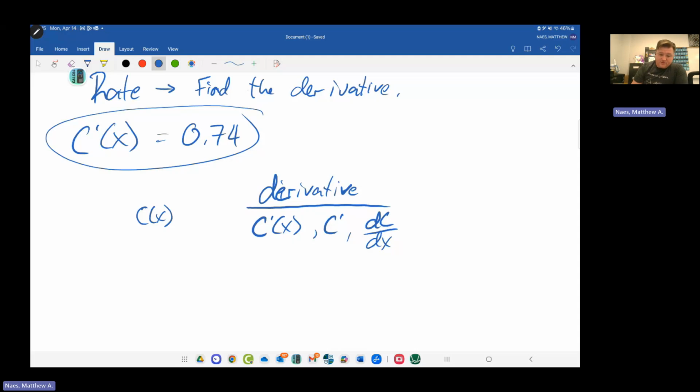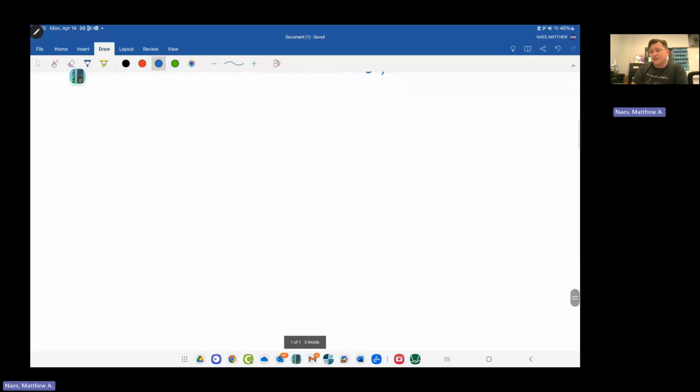And yes, I understand implicit differentiation, and I tend to do implicit differentiation a little bit differently. Let's try 5.6. 5.5.